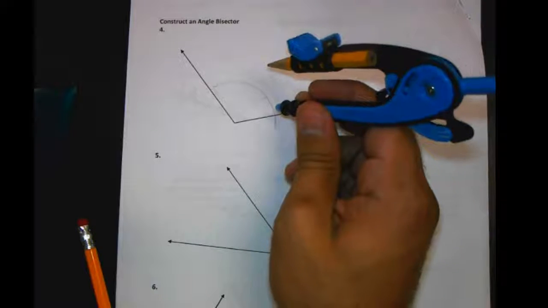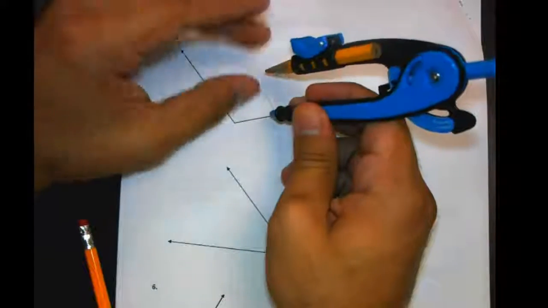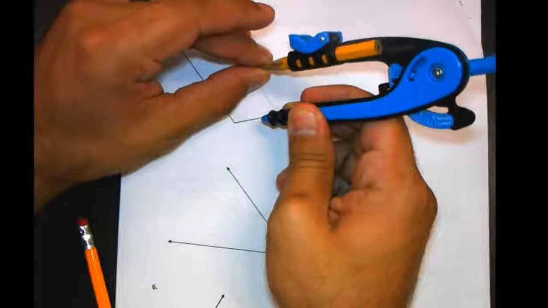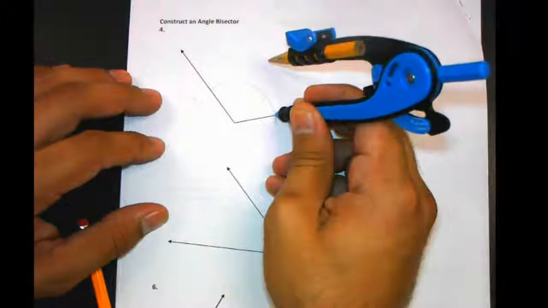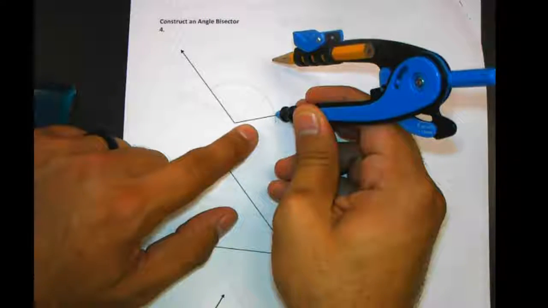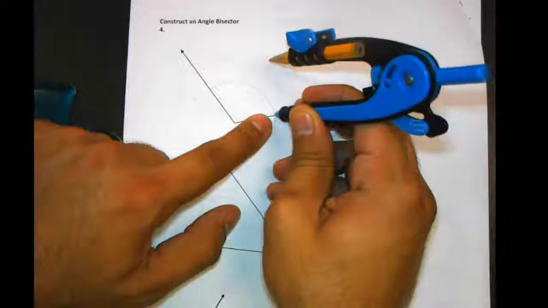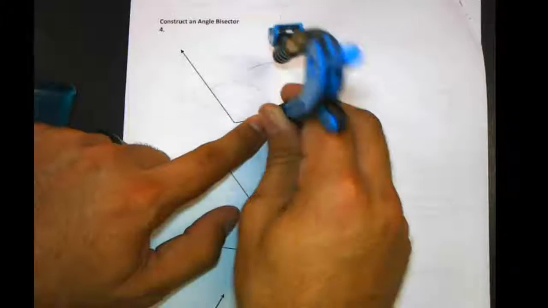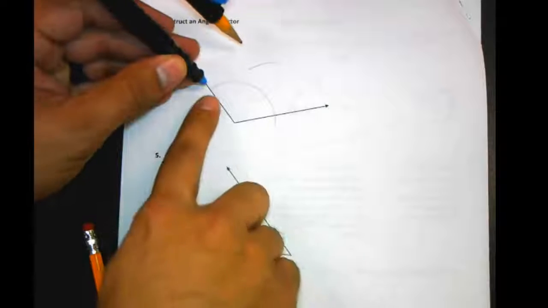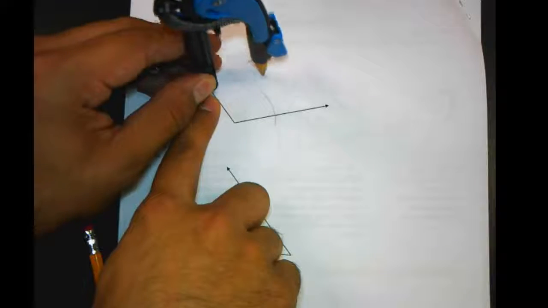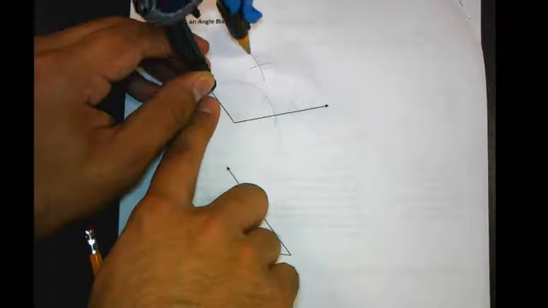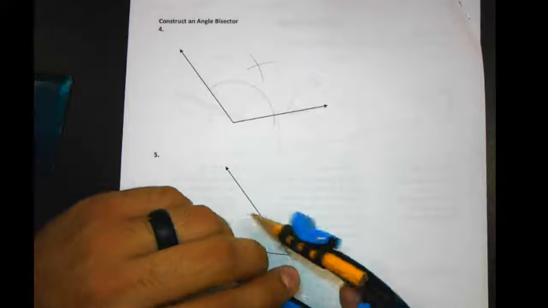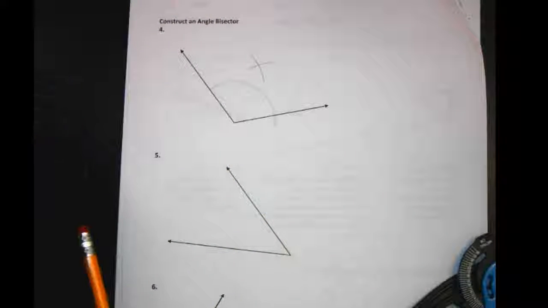Now, if you want, you can make your compass a little bit bigger, and you're going to put your pointy point at that intersection, make a mark, and then go to the other side to that intersection and make a mark. Then you just got to draw the line.